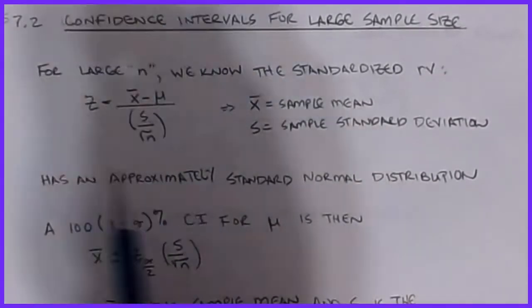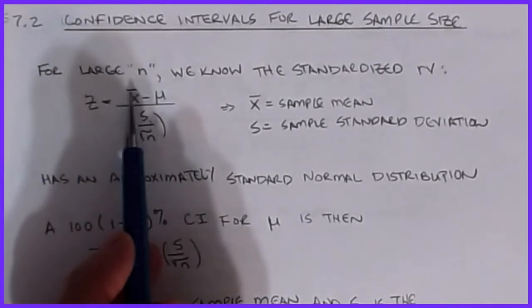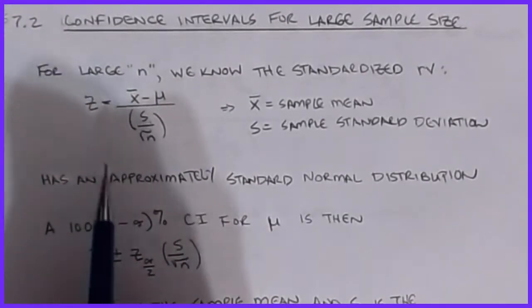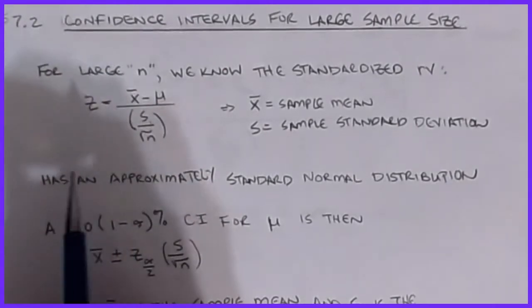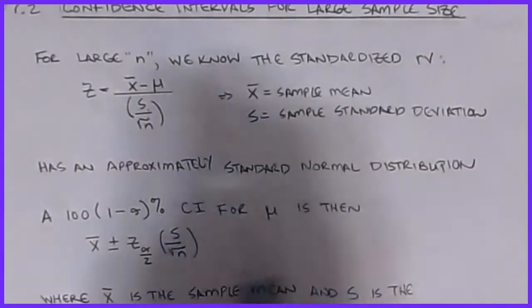Now, because we have a large n, the central limit theorem applies and basically says that if I repeat a number of samples a certain number of times, the graph of the sample mean will tend to be normally distributed, and that doesn't change here. So we're looking at an approximately standard normal distribution.